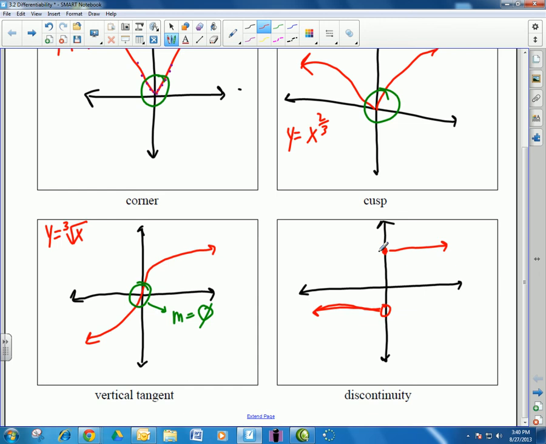So if there's any kind of discontinuity, then there is no slope. But there can be piecewise functions that have derivatives at a point. What you have to do is check, do the limits equal each other, and then do the derivatives equal each other. Those are two things that you have to look for.